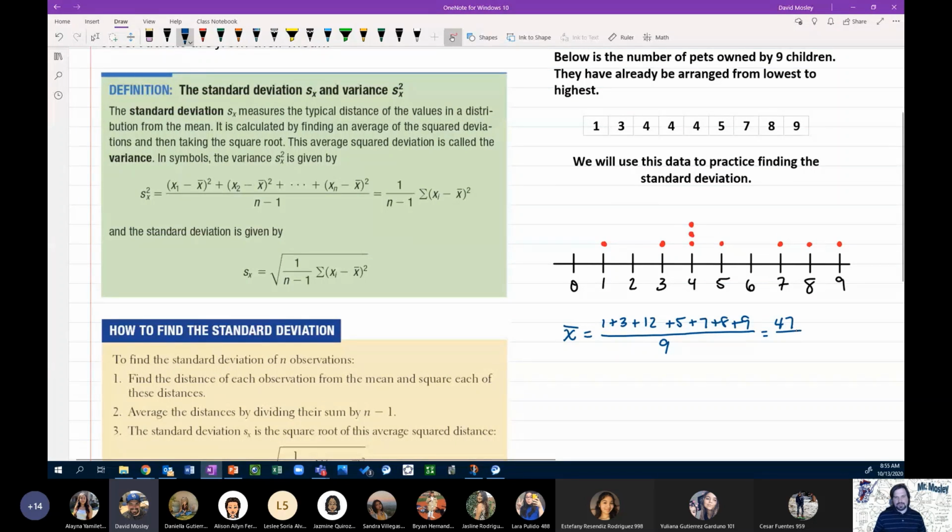Oh, no, that's 45. What a goober. That's not 47, that's 45. 45 divided by 9 is 5. So five is our mean. We could also say it's our balance point.